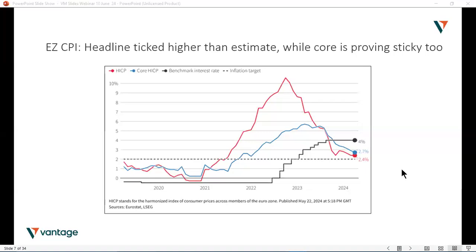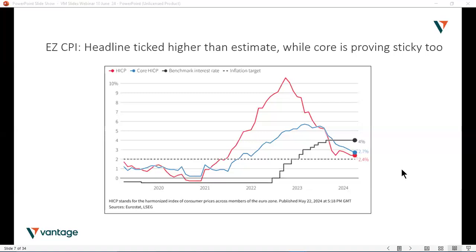Then obviously we had the press conference. President Lagarde explicitly stated that the central bank was not pre-committing to any particular path for rates, and that really told the message. She was trying to clearly refrain from giving any forward guidance, which was a shame and what we were all looking out for.